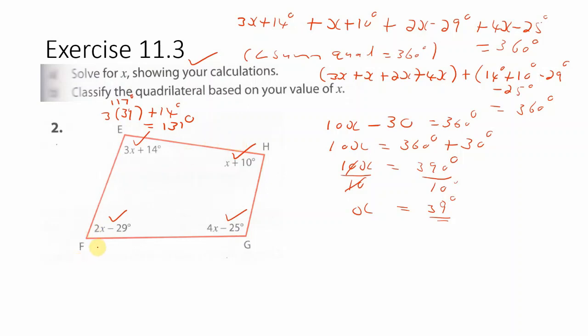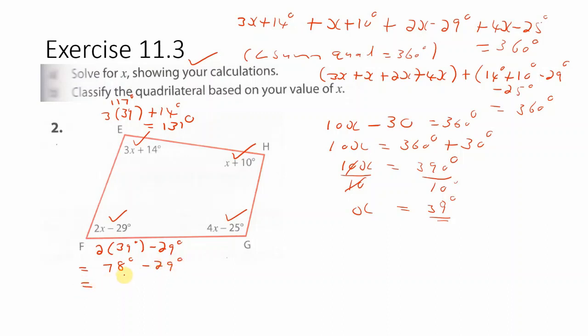Let's look at the angle F. We have 2 times, not x, but 39 degrees, minus 29 degrees. So 2 times 39: 2 times 30 is 60, plus 2 times 9 is 18. 60 plus 18 is 78, minus 29.